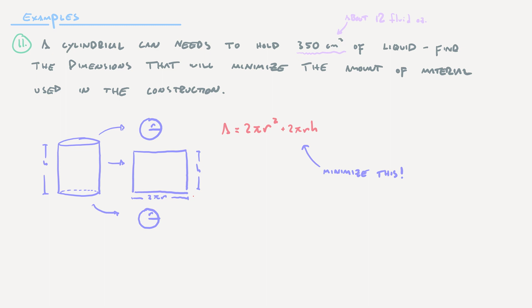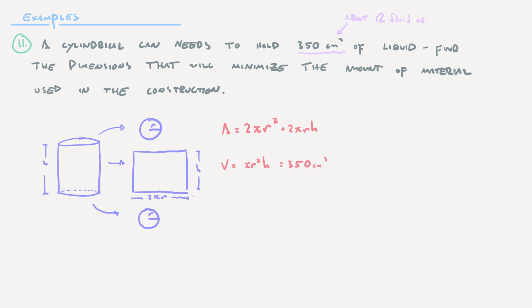There's radius and height. Now, we're given a specific volume that it needs to hold, so we should also talk about the volume formula. The volume formula is pi r squared times the height, right? It's the area of the base multiplied by the height of the can itself.